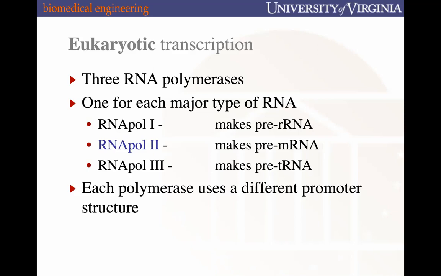It makes mRNA, messenger RNA, the RNA that encodes for proteins that will be used during translation. And finally, RNA polymerase III is important for transfer RNA. Each polymerase also recognizes a different promoter structure, so there are features of the promoter that determine which specific RNA polymerase is going to be recruited.